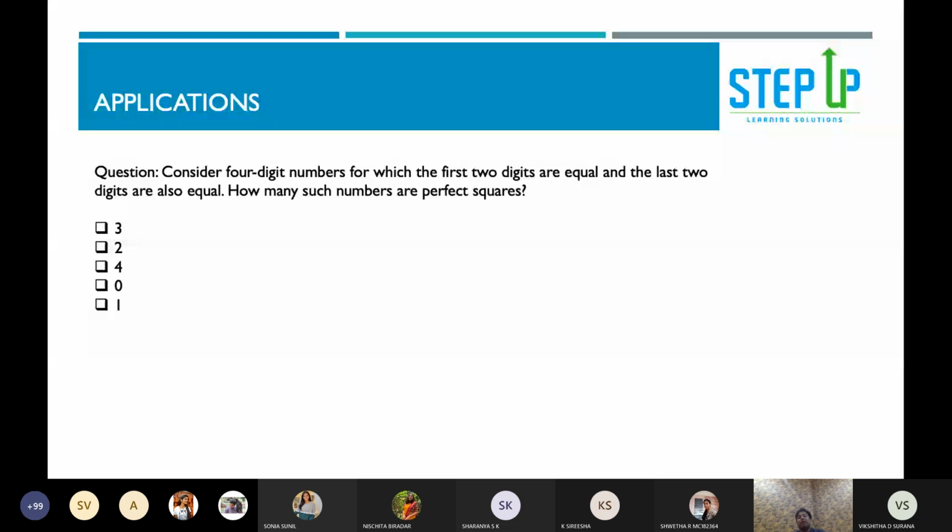Where the first 2 digits and the last 2 digits are equal, we will cover divisibility in the next class: those numbers are multiples of 11. So for that, I should know the square values. Unless I find the squares, I will not get my answer. Here I can apply Vedic mathematics in a faster way. 11, 22, 33, 44, 55, 66, 77, 88, and 99.